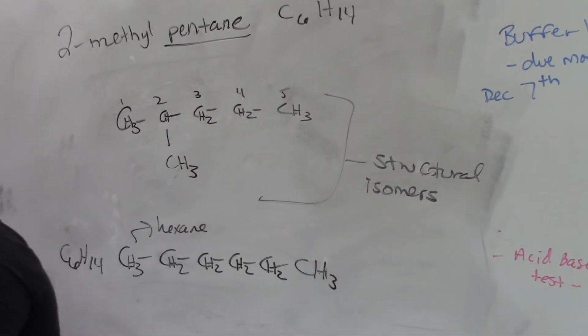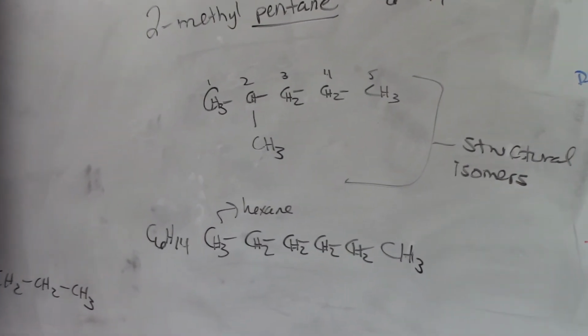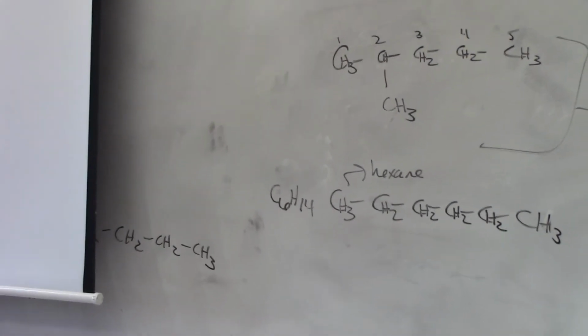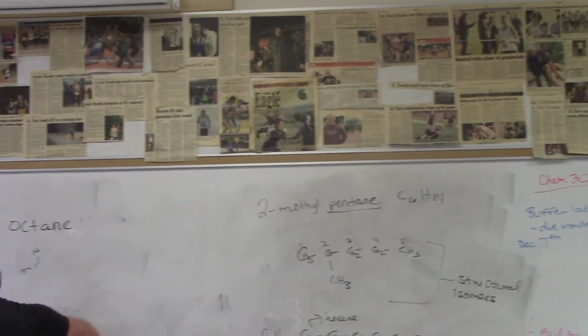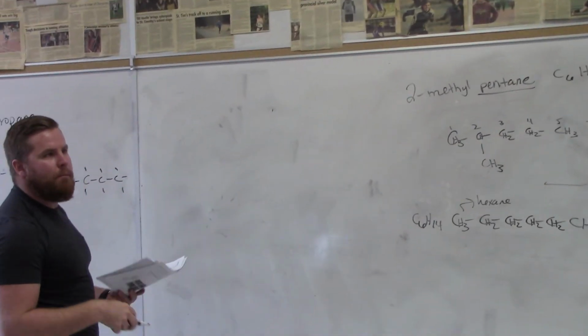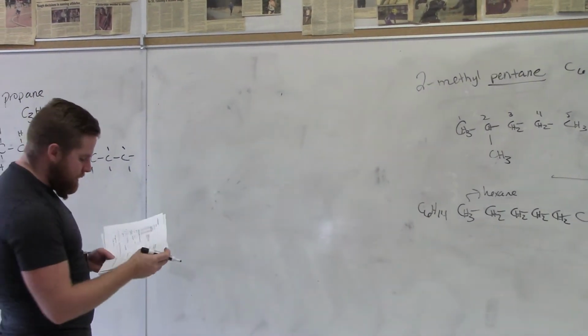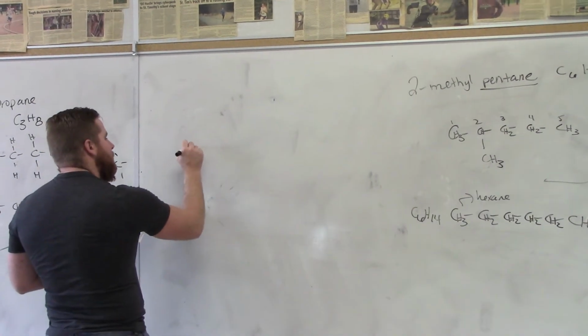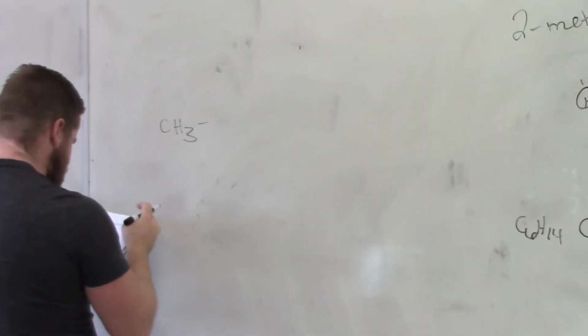Let me give you another one that's very similar. So you have to be able to go from the formula to make the molecule, but you also have to go from the molecule to naming it as well. So this is what, let me draw this one out.